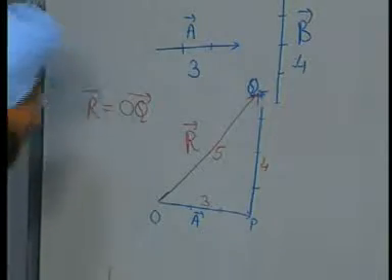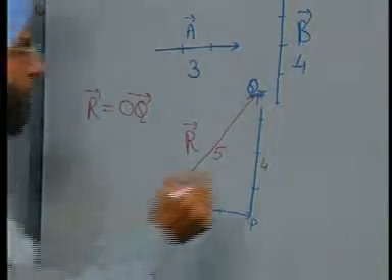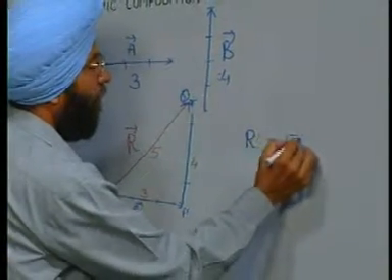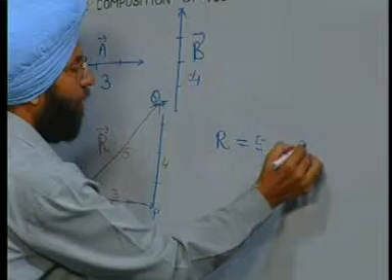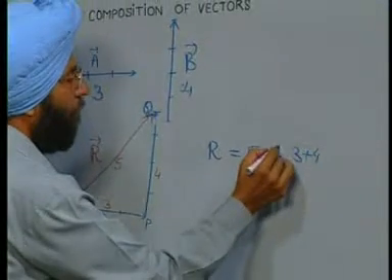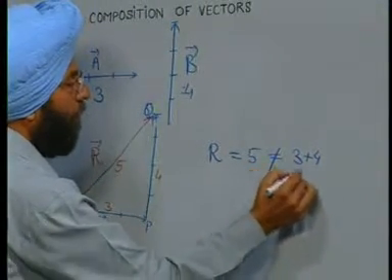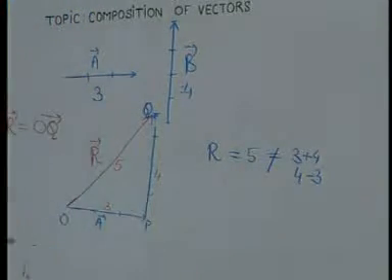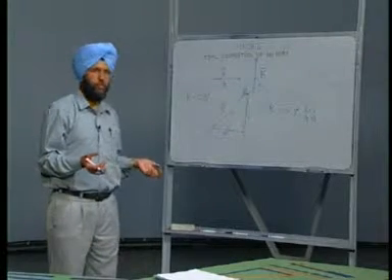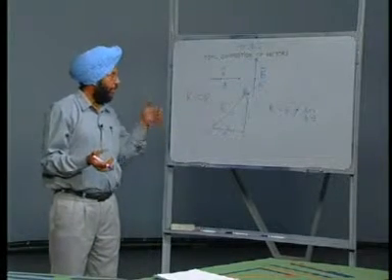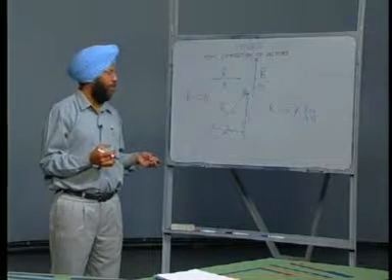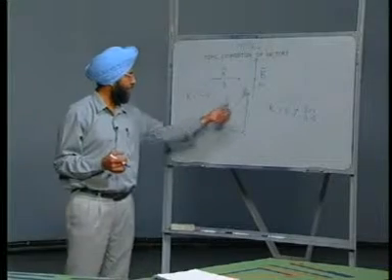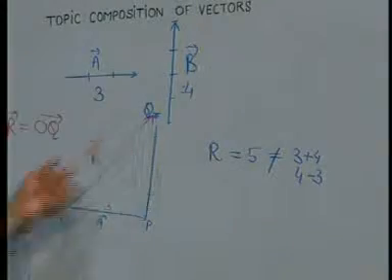So, when we see the magnitude of R is 5. 5 is neither 3 plus 4 nor it is 4 minus 3. So, no algebra can be used here. So, in general, when we add vectors, we cannot use algebra. We are getting the resultant by using geometry.